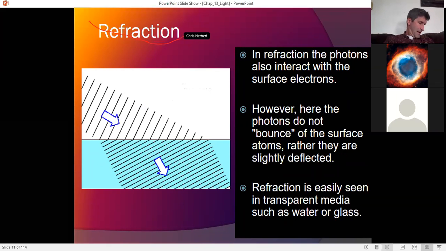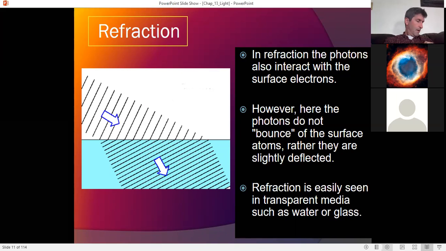Refraction is typically reserved for transparent materials. And with refraction, we actually change the direction of the light by slowing it down.